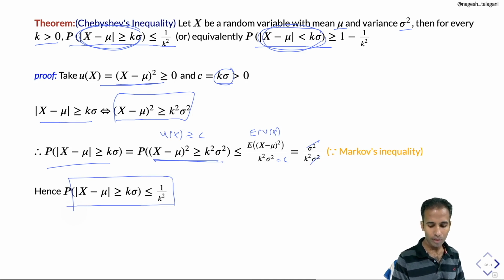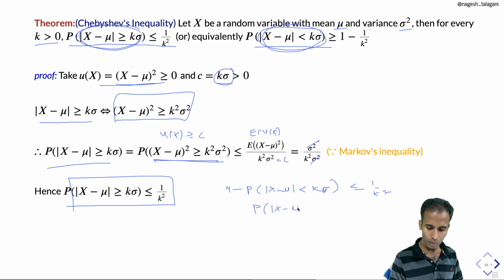Okay, from this, if you write 1 minus probability of mod x minus mu less than k sigma, it will be less than or equal to 1 by k square. Okay, so if you bring this one this side, this one this side, you can actually write probability of mod x minus mu less than k sigma is greater than or equal to 1 minus 1 by k square.